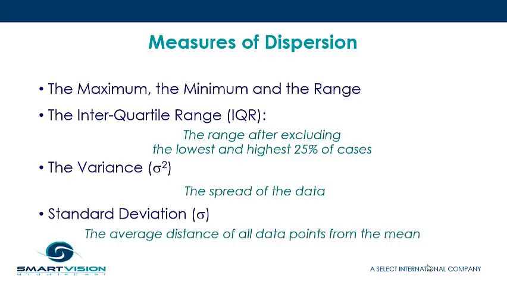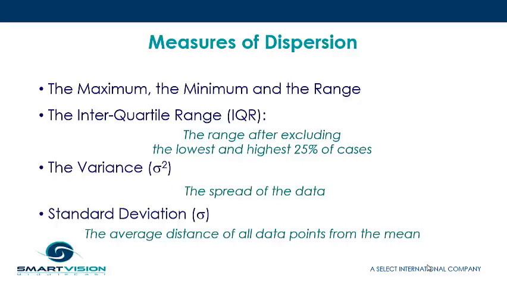The interquartile range is the range between the minimum and maximum data values after excluding the lowest and highest 25% of data values. This helps to identify data outliers and extremes.